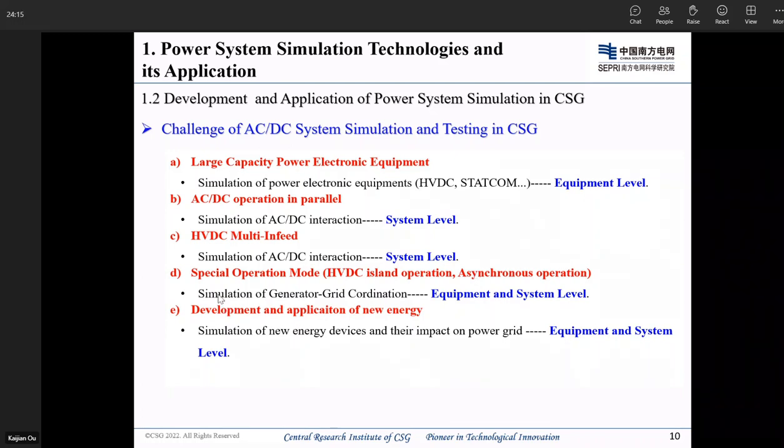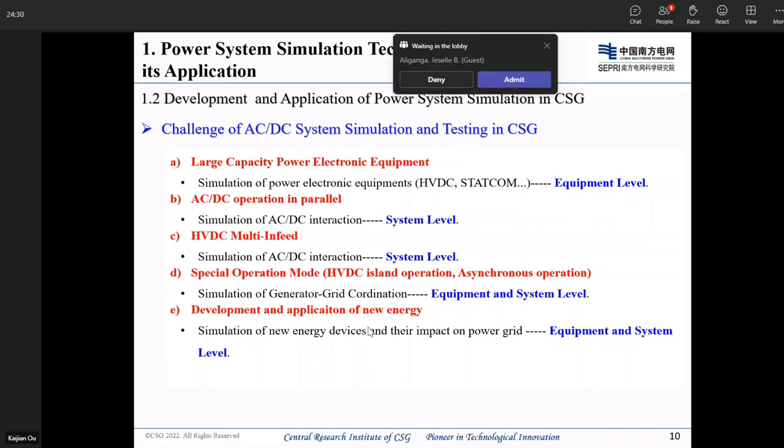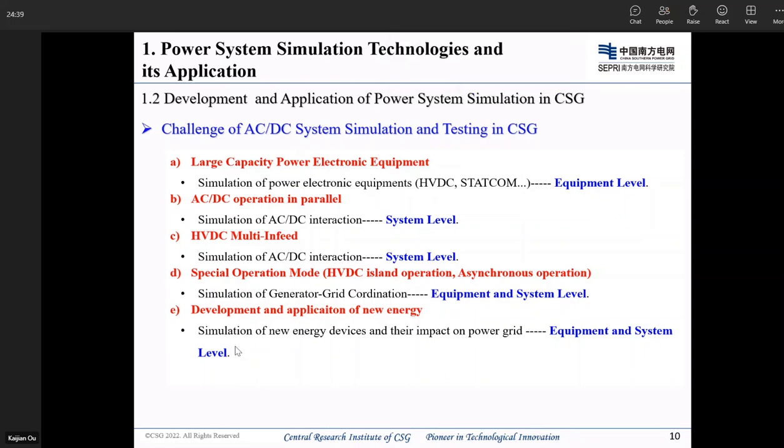And also in these several years, the development and application of new energy has been very fast. So we also need many kinds of simulation tools to simulate new energy devices and their impact on the power grid. It is also an equipment and system need. So we have many challenges to simulate CSG.